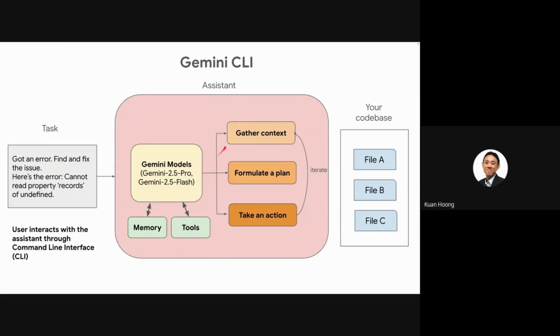With the model, you go through this process: you gather context about your code, then you come up with a plan for what needs to be done, then you take action. This process works in an iterative manner, and the whole coding assistant has the ability to access your entire code base. For example, if you have a big project with different files, Gemini CLI can access all your files.